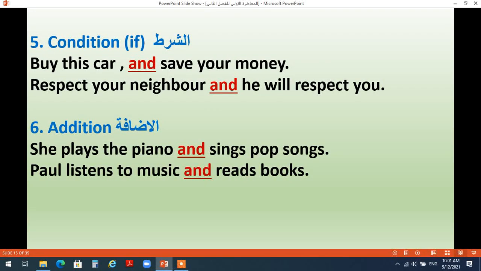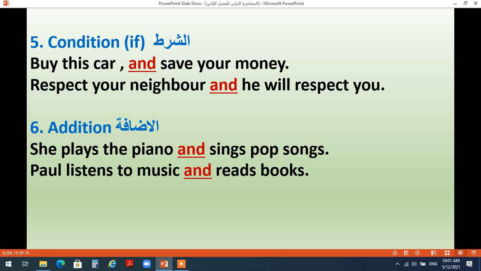Number 5, and can be used to indicate condition. يعني أحيانا نستخدم and كأنما بمعنى if الشرطية للدلالة على الشرط. For example, buy this car and save your money. كأنما معنى الجملة إنه if you buy this car you will save your money. إذن هي جملة شرطية أو تحتوي على معنى الشرط، لكن لم نستخدم if الشرطية، إنما لجأنا إلى استخدام and، لأنه and بها هذا المعنى الذي يدل على الشرط.